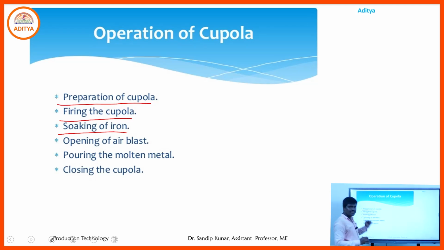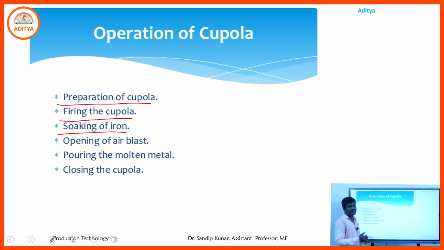After soaking of the iron, we open the air blast, meaning we send air to the cupola furnace. The burning of the coke continues with the help of oxygen, and due to that burning, the metal scrap is converted into molten metal.